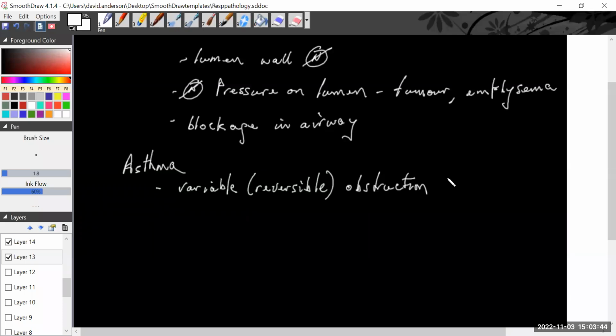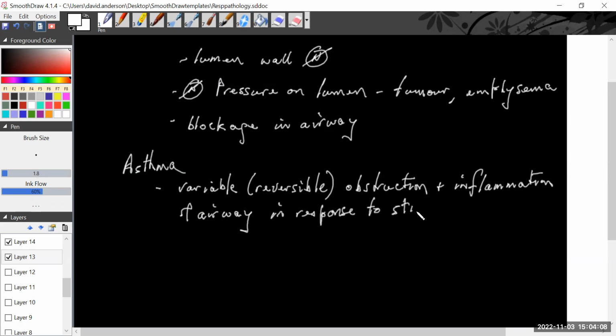Okay, but the inflammation or the obstruction is caused at least in part by inflammation in the case of asthma. So inflammation of the airway, and usually there's going to be some sort of a recognizable cause, stimulus.